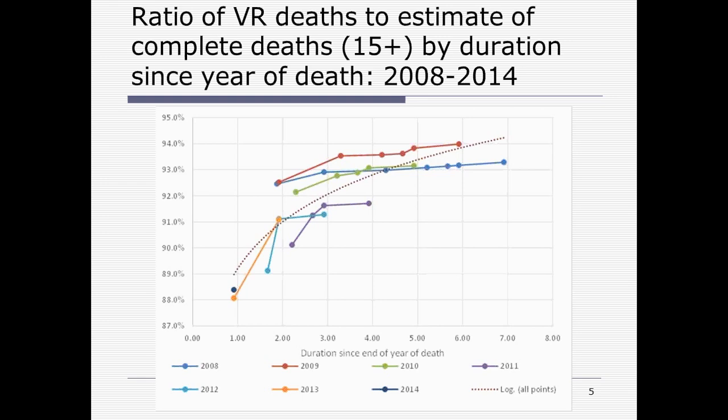And then for the most recent 3 and possibly 4 years now, it looks like those data are going to be plateauing at a lower level, suggesting that completeness has actually fallen by 1 to 2%. And this is quite useful to know if you're trying to estimate your mortality.